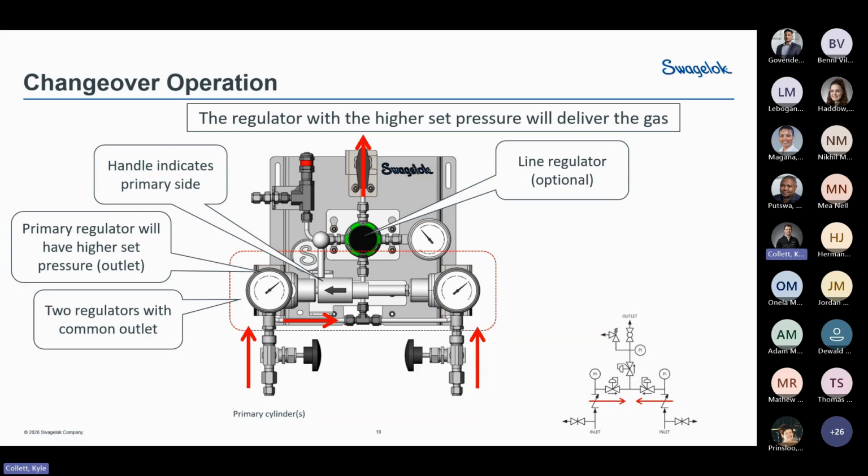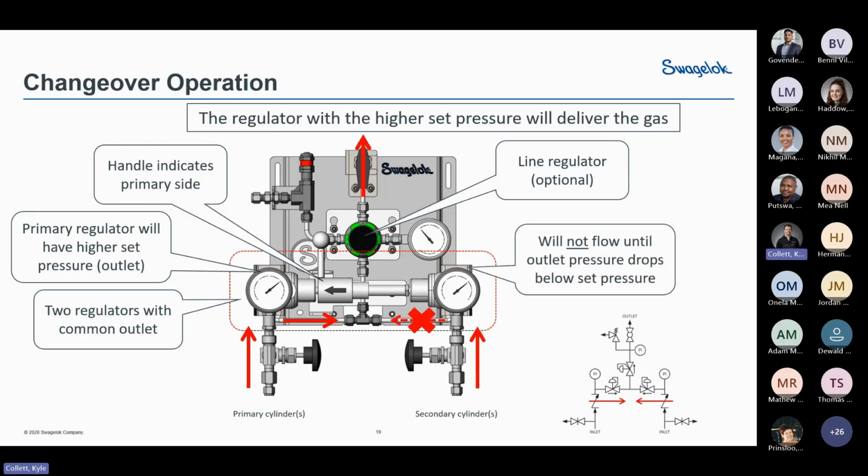So at this point, regardless of which way your handle is pointing, the regulator with the highest set pressure will be delivering the gas. And the regulator on the right-hand side will not flow until the outlet pressure of the regulator on the left-hand side depletes below that point. So we mentioned that the regulator on the left-hand side is set at 12 bar.